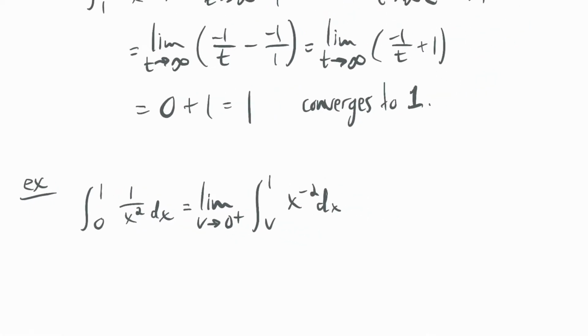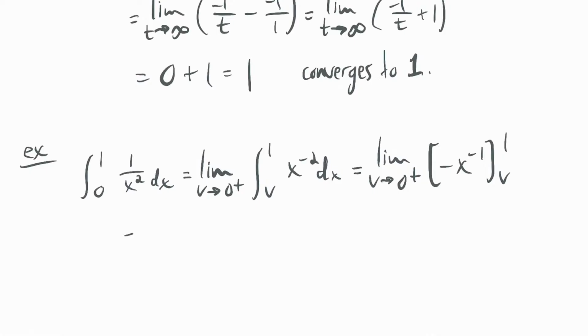And of course, this antiderivative we've already found, but I'll just go ahead and go through the steps anyway. So the limit as v goes to 0 from the right of negative x to the negative 1, evaluated at v and at 1.